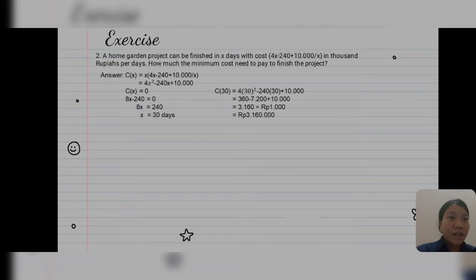So we got 6,400. And because at here it is say in 1,000 rupiahs, so we need to time this with 1,000 rupiahs. So the minimum cost that need to pay to finish the project is 3,160,000 rupiahs.